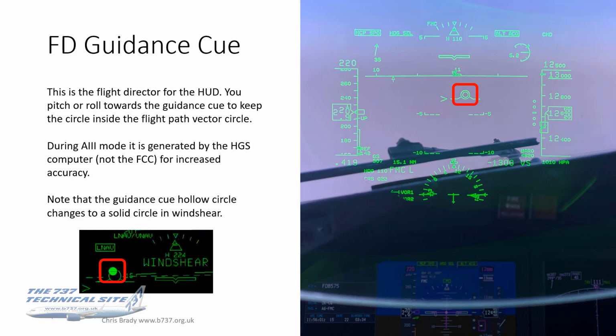During the A3 mode, it's generated by the HGS computer, not the flight control computer, for increased accuracy. The only other thing to mention is that it will change to a solid circle in wind shear, as shown on that inset photo below. So that's your flight director right there.